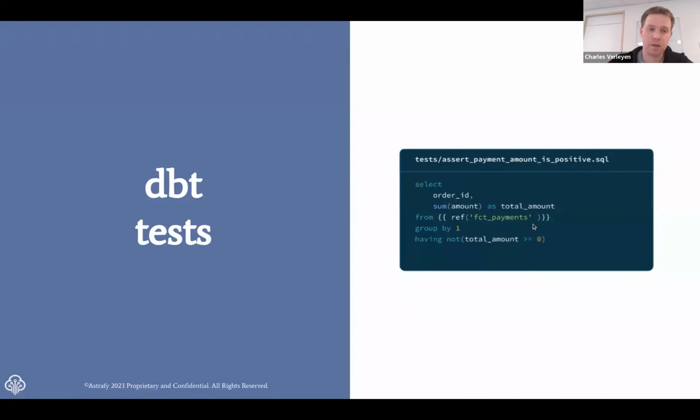dbt tests. Once you build models, like in software engineering, everything you do should be tested. So same here, your data should be tested. You shouldn't go for 100% testing, but you should first go with the fields and the data that are really problematic. You know, like the business always complains about a specific dashboard or something failing all the time.